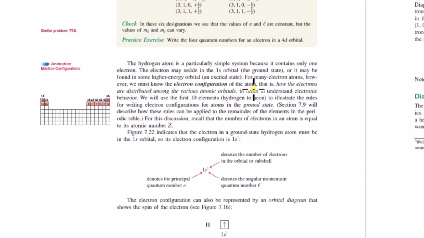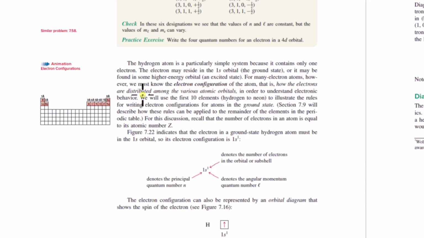And then for excited states, you have to imagine that an electron might want to jump to an excited state, but it can't because there's already an electron above it or occupying other excited states. So you have to think about it that way. You have to think about the electrons interacting together for multi-electron atoms. And so in general, even hydrogen has an electron configuration, but for all atoms in general, we must know the electron configuration of the atom.